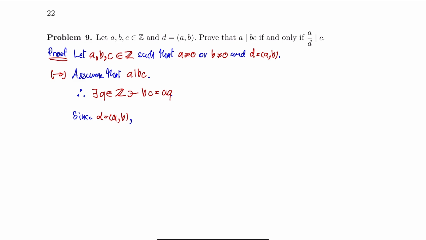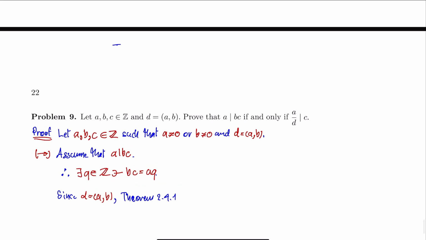So we can write this one. We have to use theorem 2.4.1. Do not forget that theorem. Theorem 2.4.1 says there exist integers x and y such that ax plus by equals the greatest common divisor of a and b.